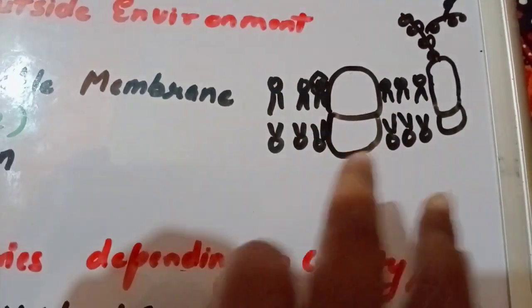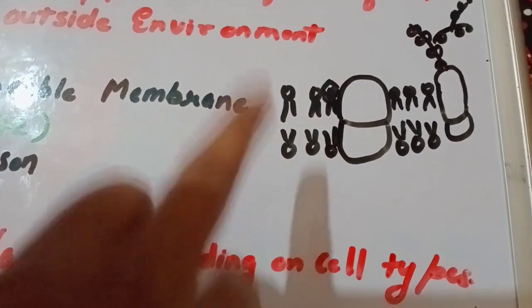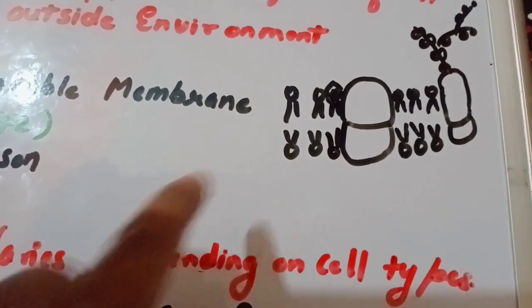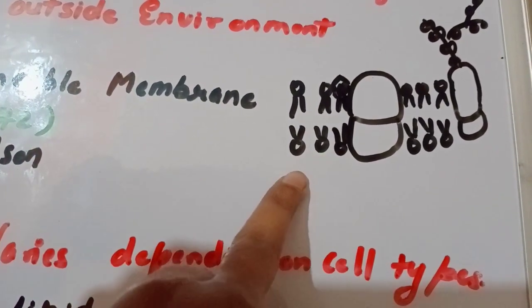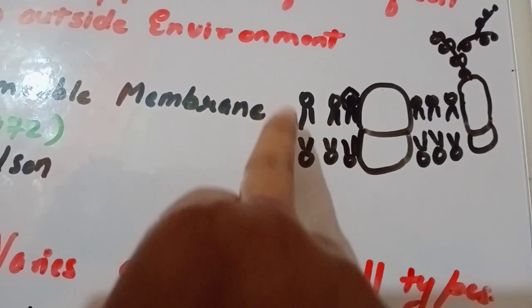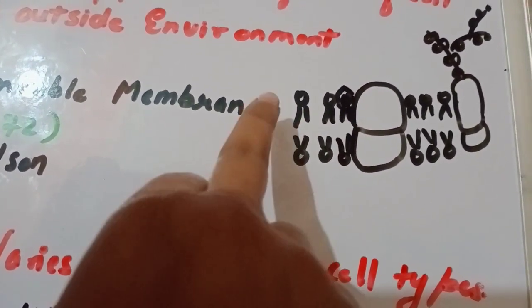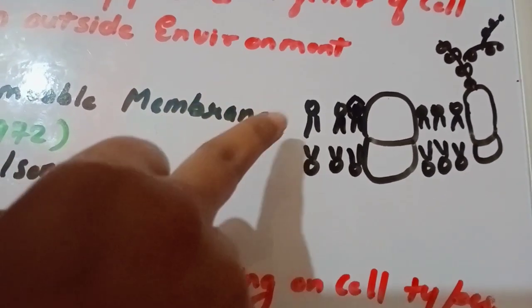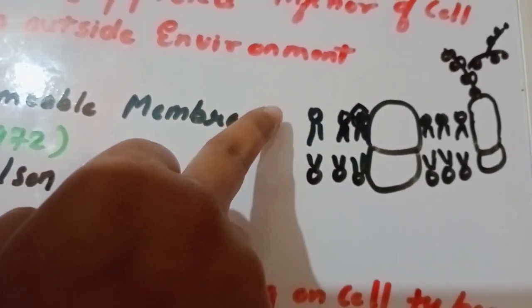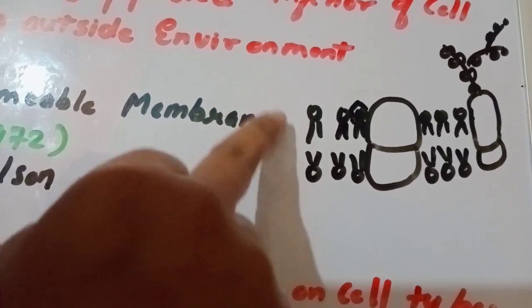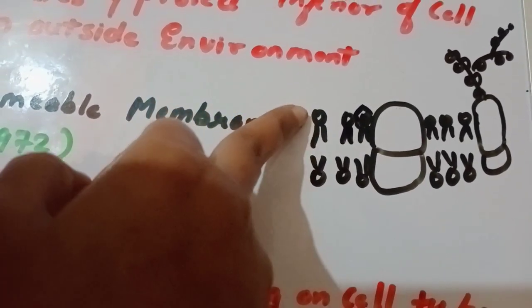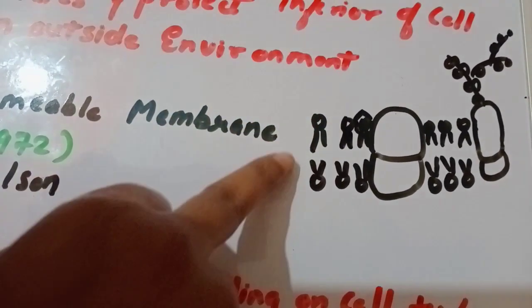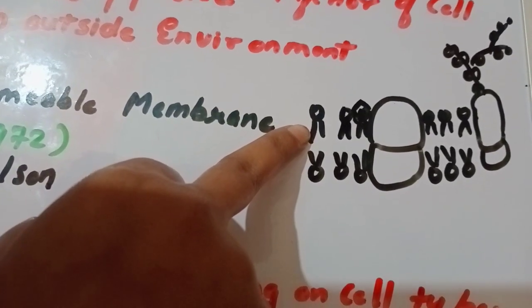As we can see in this structure of the plasma membrane, this is a lipid bilayer structure, and this is hydrophobic. Hydrophobic means water-fearing. The upper part of this lipid is the polar region, and this tail is the non-polar region.